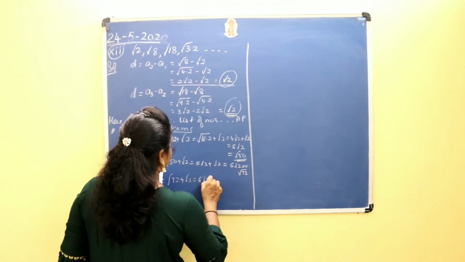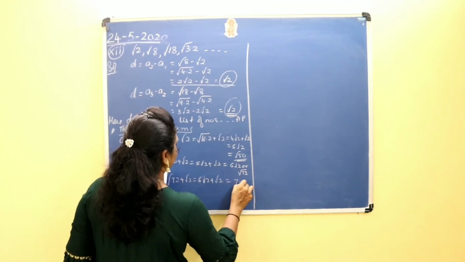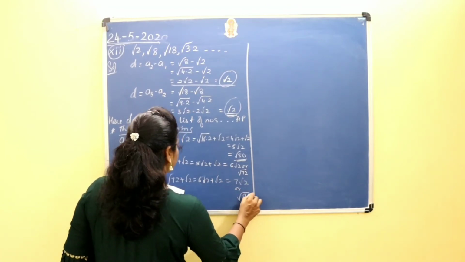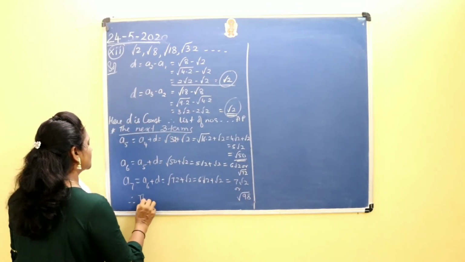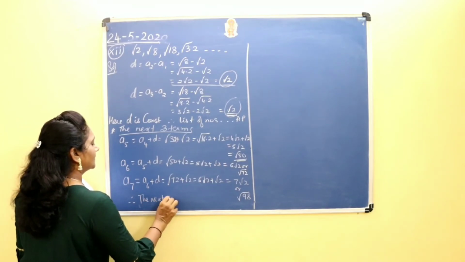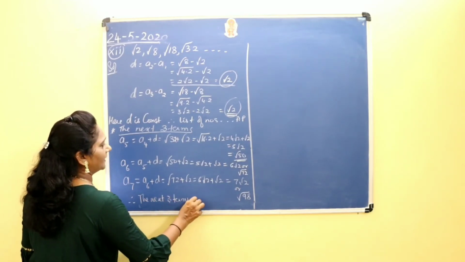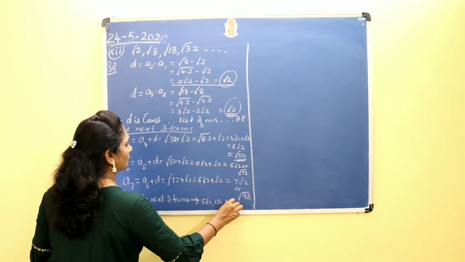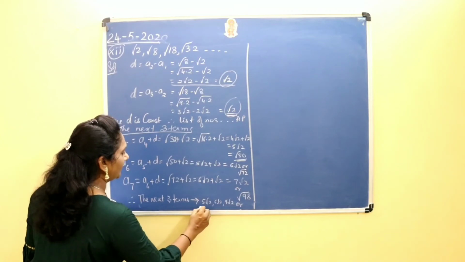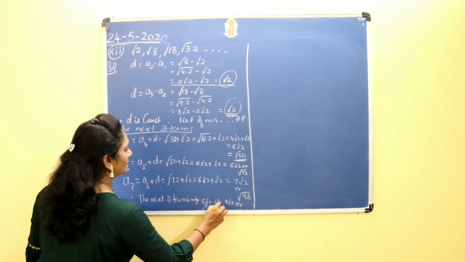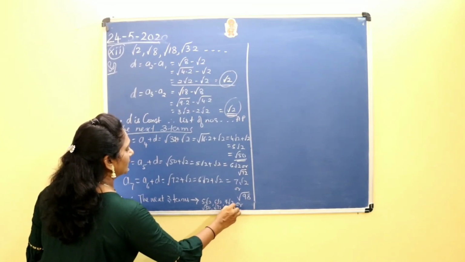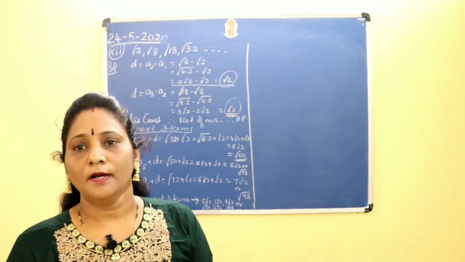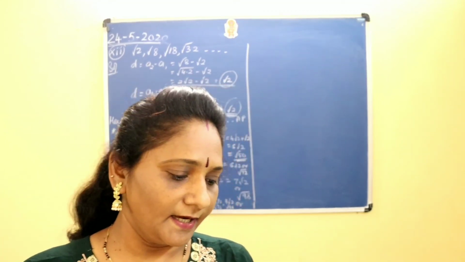It is 6 root 2 plus root 2 is 7 root 2, or it can be root of 49 into 2, root 98. Therefore, the next three terms of the AP are 5 root 2, 6 root 2, 7 root 2, or root 50, root 72, root 98.